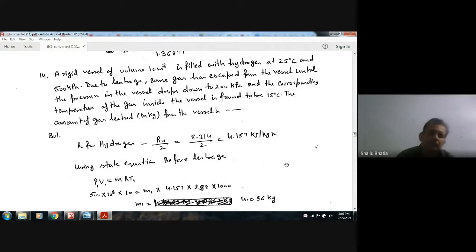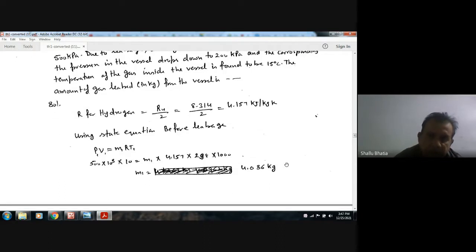Now the volume of the vessel is 10 meter cube, temperature is 25 and pressure is 500 kPa. Now some gas has leaked, so that the final pressure becomes 200 kPa and temperature becomes 15 degrees Celsius.